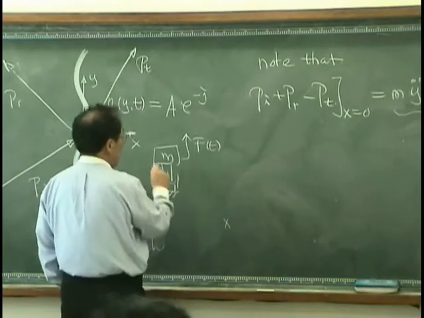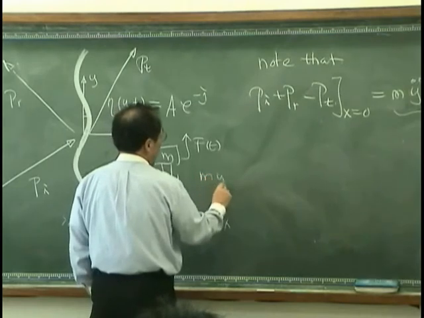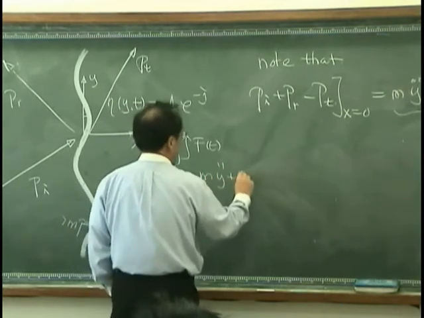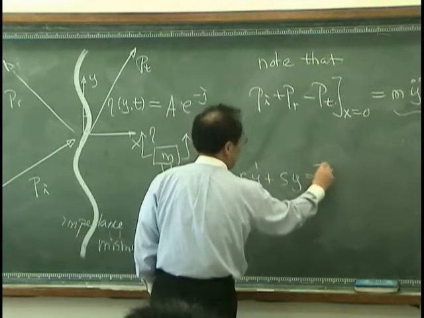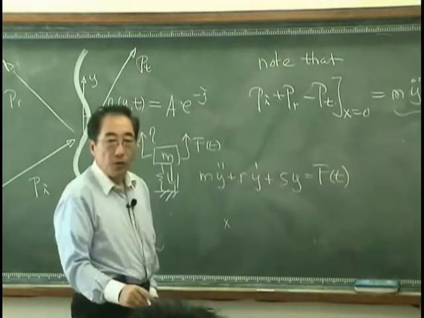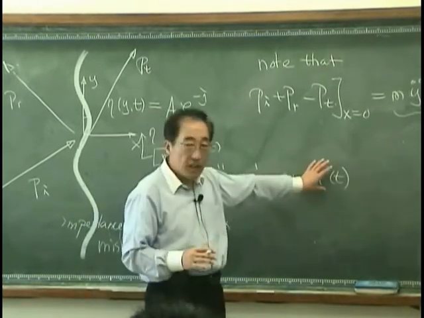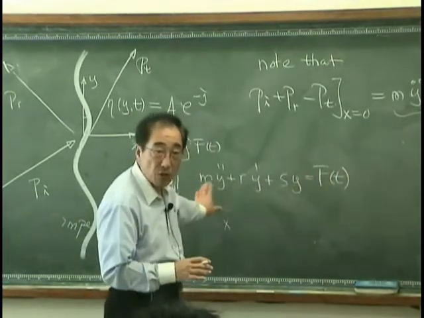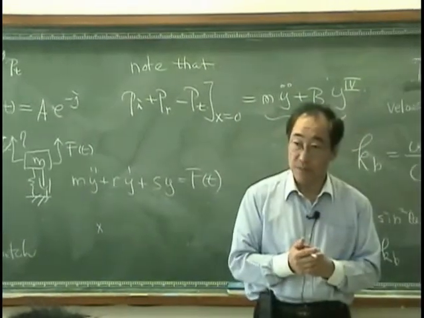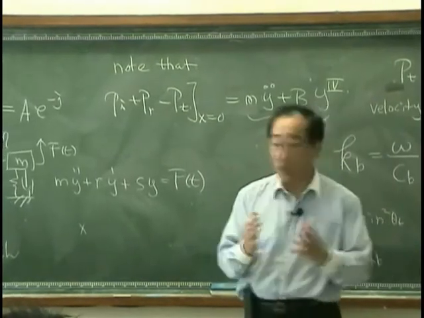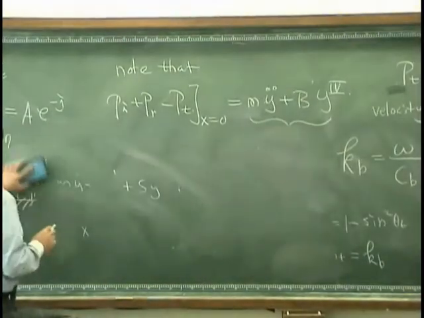The equation of motion, if I denote this as eta, would be m η double dot plus r η dot plus s η equals f(t). If you want to know the characteristics of this system, what we do, we set f(t) equals 0 and solve it. That is, we are solving an eigenvalue problem. Right? So by the same token, we set this one as 0 and solve that equation.